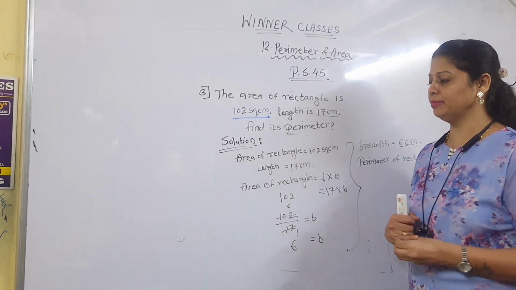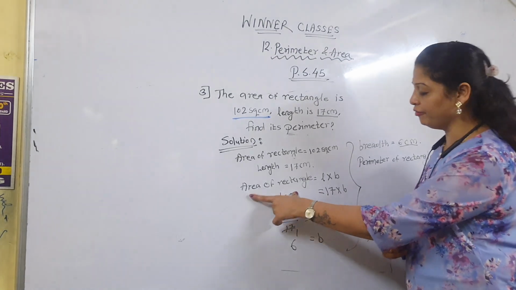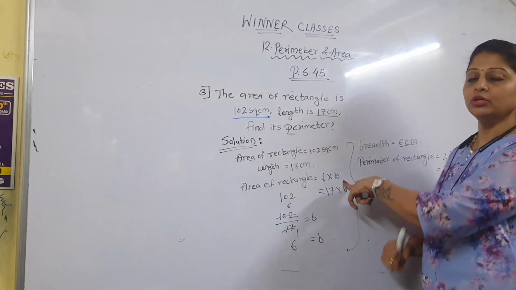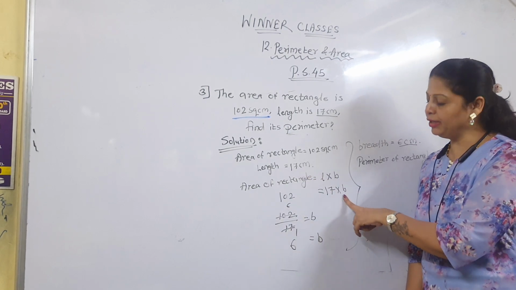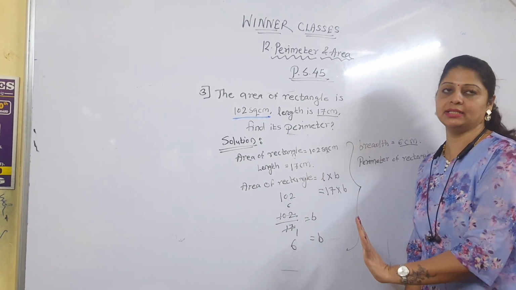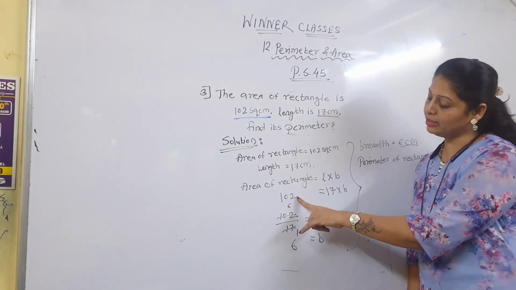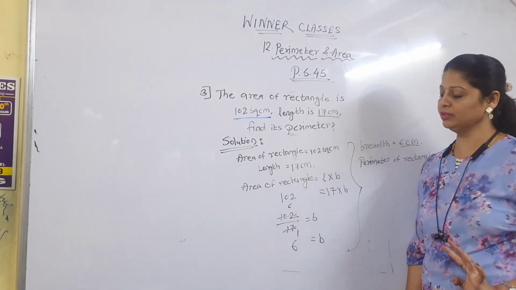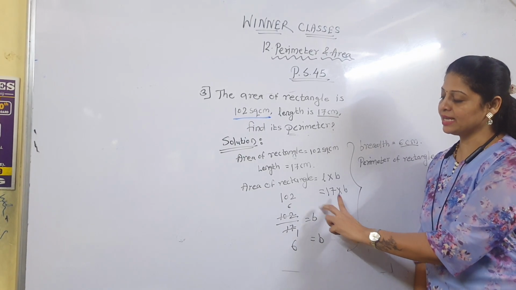Length is 17 centimeter. Now area of rectangle, so write down the formula of area, that is L into B. Now 17 centimeter is the length. B we don't know, so write down B as it is. Area of rectangle is 102, so write that below. Then 17 is on the right hand side and B on the left hand side.